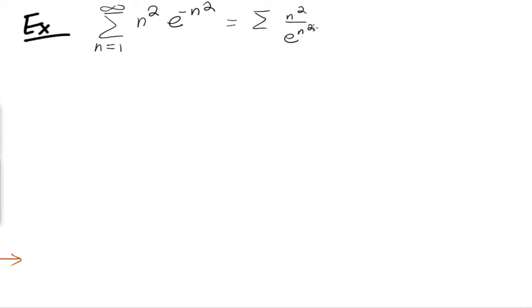Can we use the divergence test? Does it diverge? Upon a quick inspection of the sequence, n squared over e to the n squared goes to 0 or does not go to 0? 0.